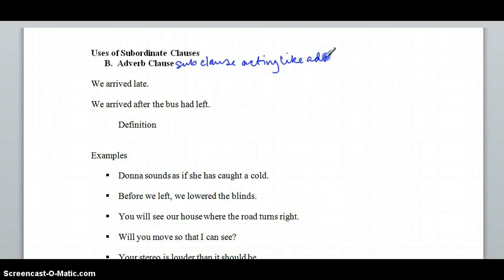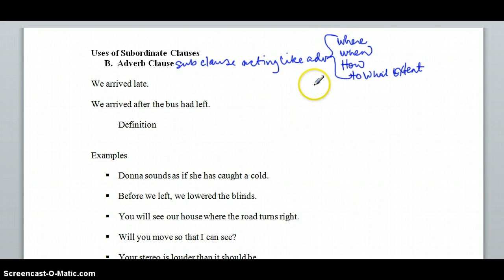Now, those adverb questions, where, when, how, and to what extent, still apply. And so if we have a dependent or subordinate clause which answers any one of those adverb questions, the whole clause is acting like an adverb.